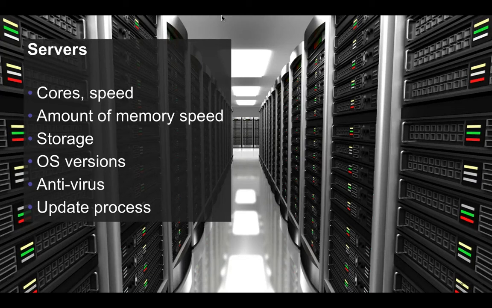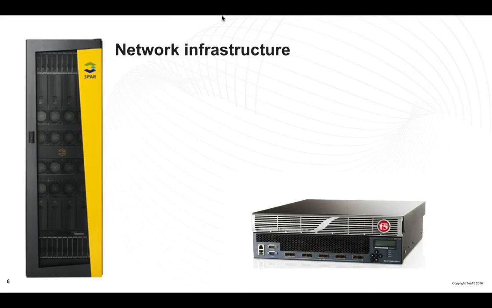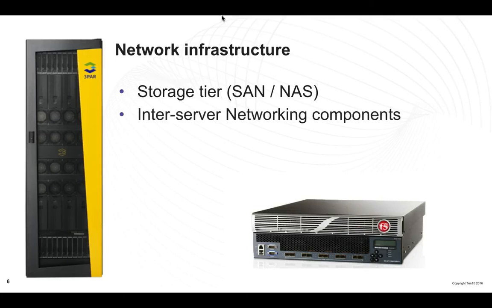Next, we need to think about the network infrastructure. There's a number of parts to this. We need to think about the storage tier and what that looks like. So whether there's a SAN, a storage area network, whether there's network attached storage, the size, speed, and spec of that storage, the general networking components between the servers. We need to think about the speed of those networks, and also any other network infrastructure that might be involved there as well.